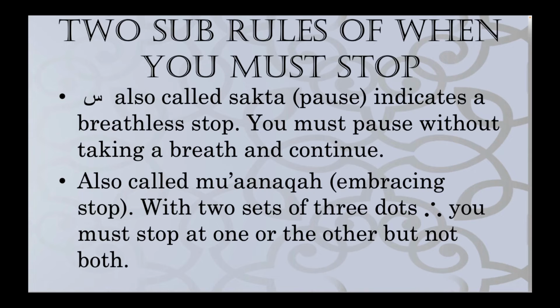So you can choose to stop at the first set of 3 dots, or you can choose to stop at the second set of 3 dots, but you cannot stop at both of them, and you cannot continue on both of them. You must stop at one or the other, but not both. I hope that's clear. So that's going to be mu'anaqa, or the embracing stop.